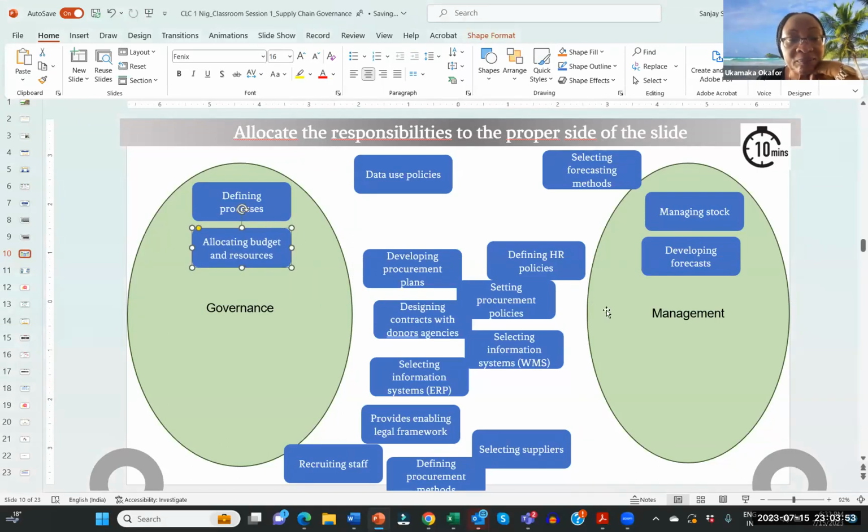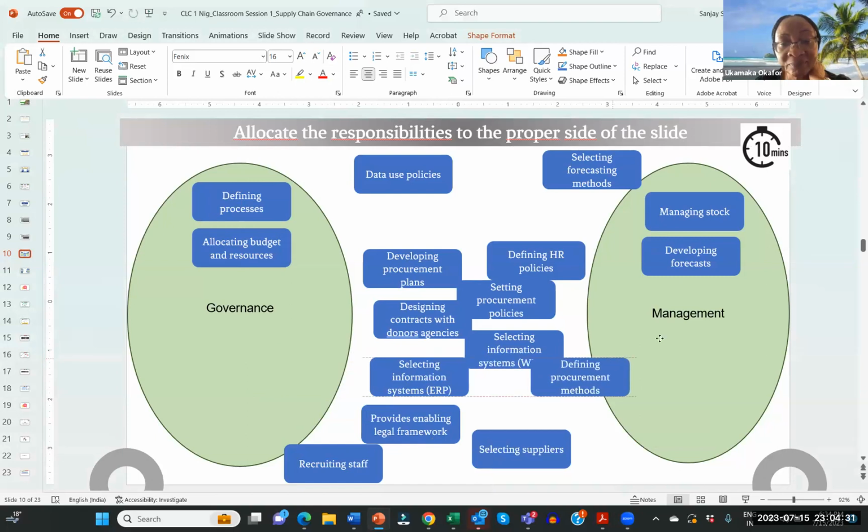Next, Prudence. Okay, can't hear you. Maybe Mariam Idris. Good evening, everyone. Good evening, ma'am. Defining procurement methods, management. Okay.